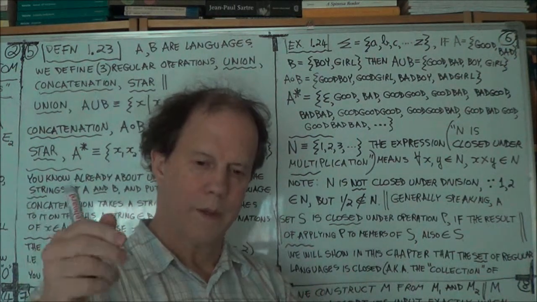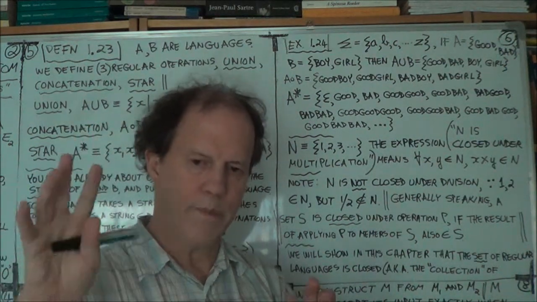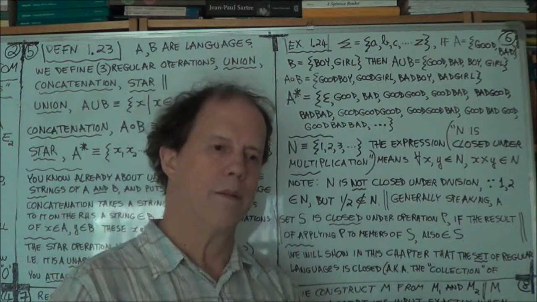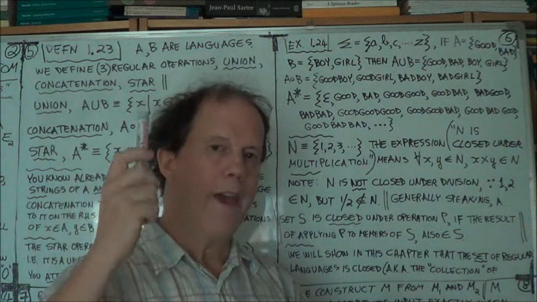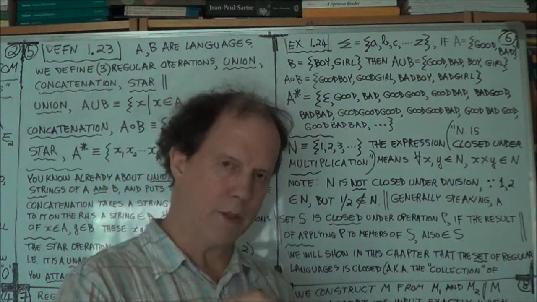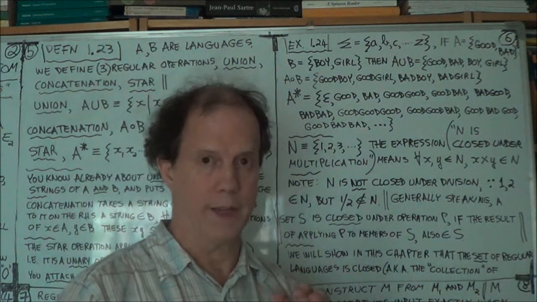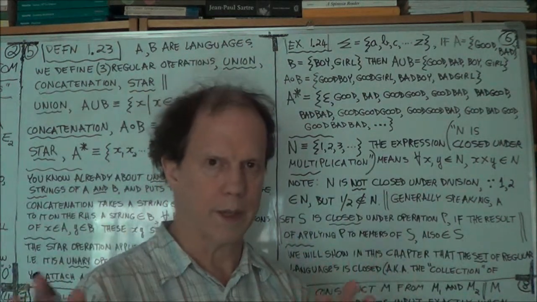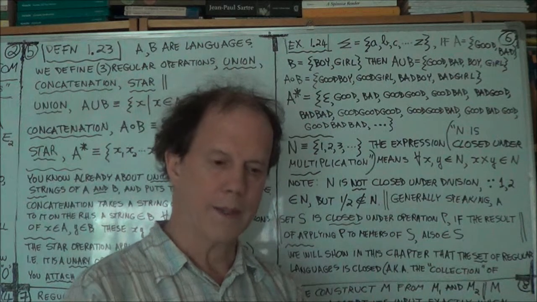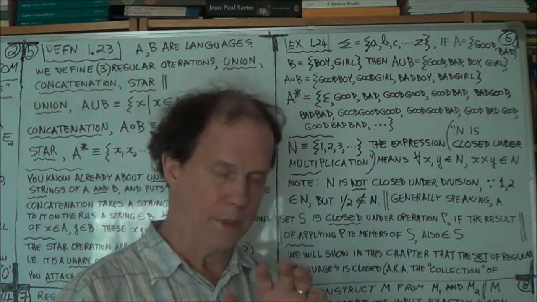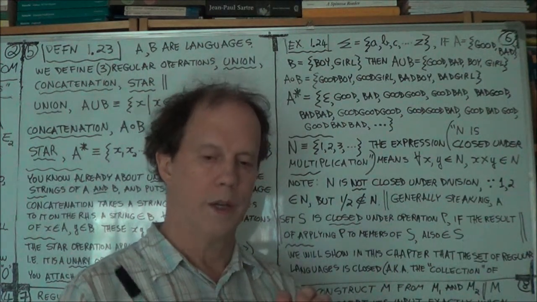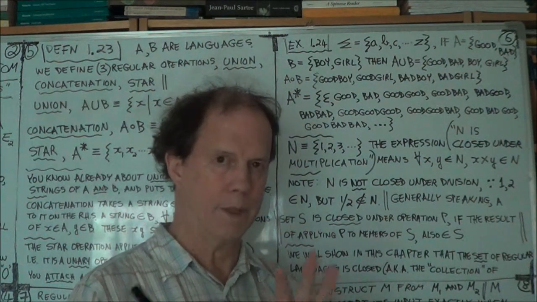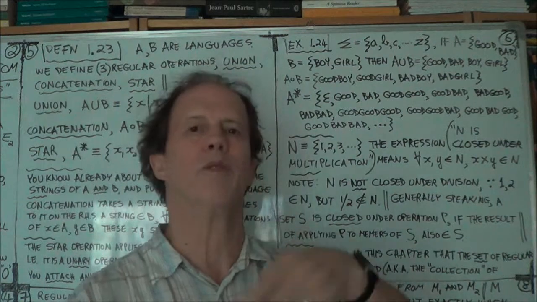If that result is also a member of your set S, for all possible cases, that set, by definition, is said to be closed under that operation P. Right? That's the general idea. Now, if you didn't follow that, well, you rewind.